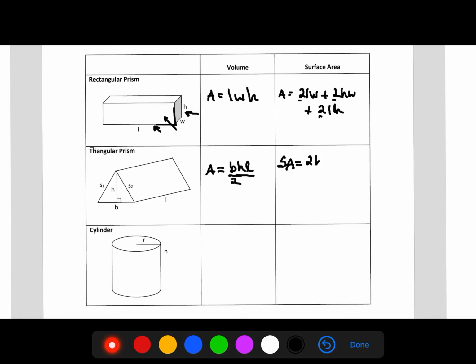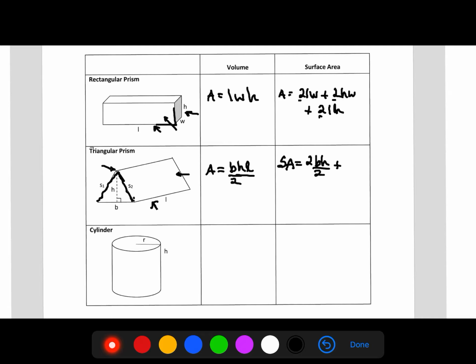If we want to know the surface area, so calculating all the sides, we've got 2 triangles, so 2 base times height divided by 2. And we've got 3 sides, the bottom and our 2 sides, one on the other side here. And when we're going to calculate these, we want to add up those 3 sides.